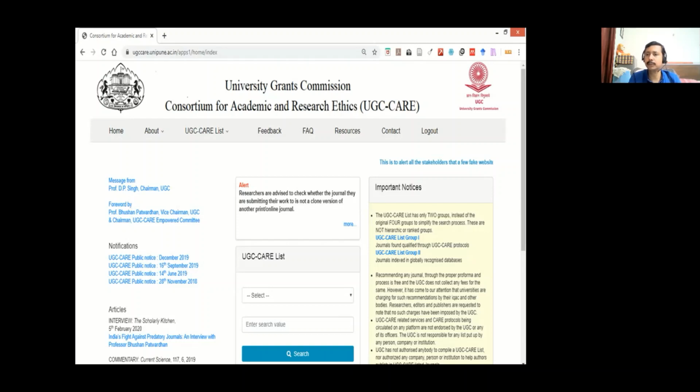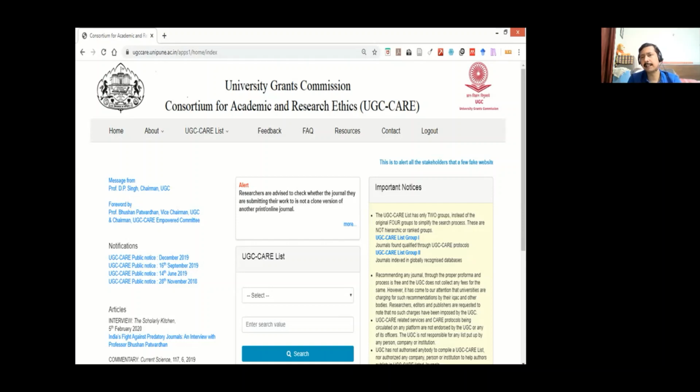UGC CARE List Group 2 consists of journals which are already indexed in globally recognized databases such as Scopus, Web of Science, MLA Directory of Periodicals. UGC CARE List Group 1 contains those journals which are not listed in the earlier mentioned globally recognized databases, but have been found qualified by UGC CARE as per the Journal Analysis Protocol, which includes certain parameters for inclusion of journal in UGC CARE.